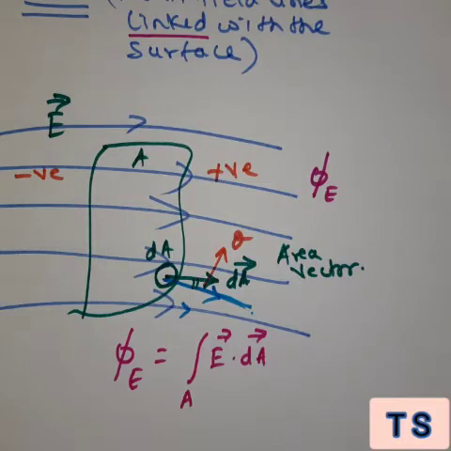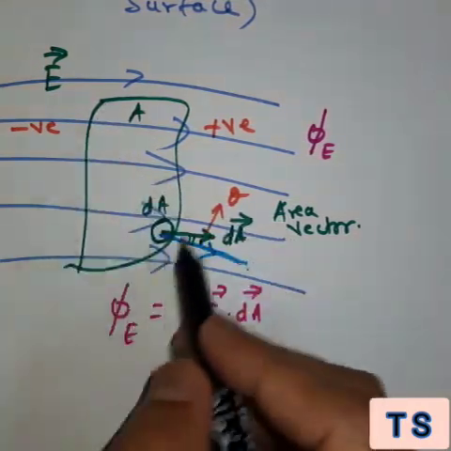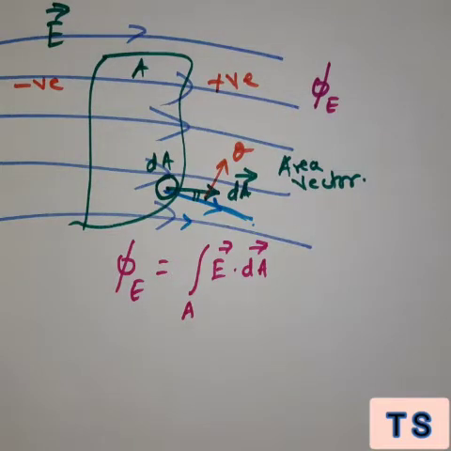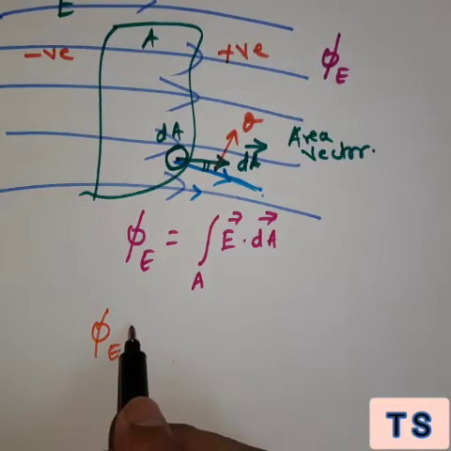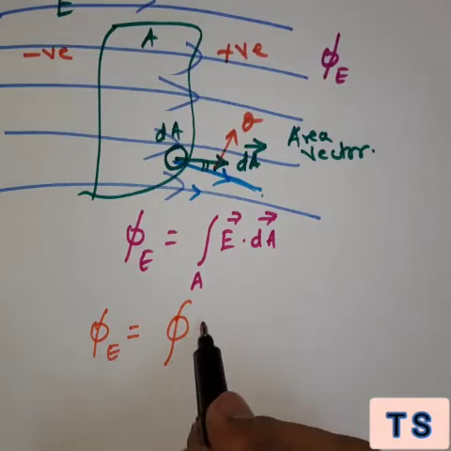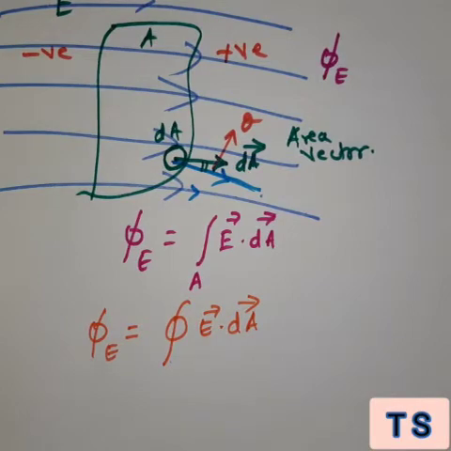So if I have a closed surface, not a plane, then my flux across the whole surface will be phi E equals, we put such a closed integration sign and then E bar dot dA bar. So phi E, the electric flux, equals the closed surface integral of E bar dot dA bar. If I simplify this ahead, what do I get?